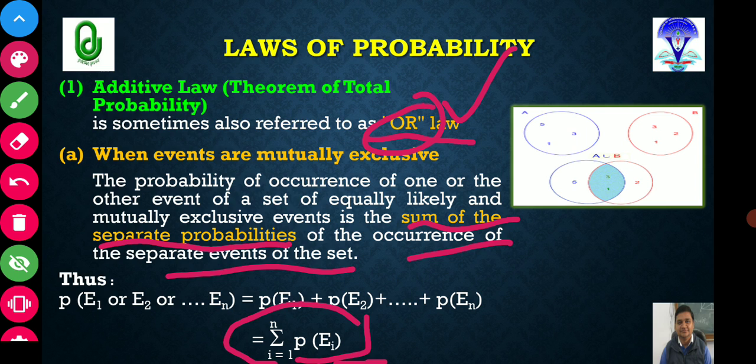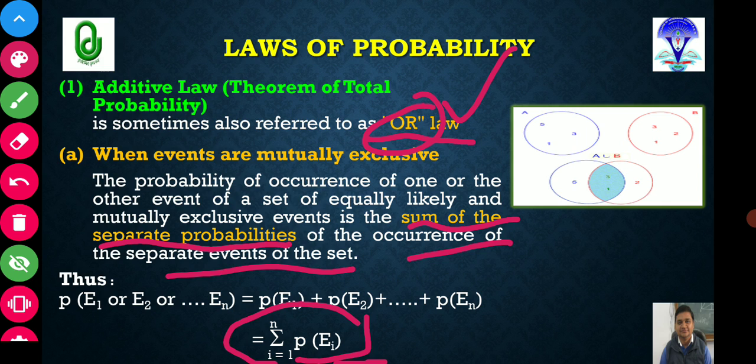So in the case of tossing a coin, head is one event and tail is another event. So what will be the occurrence of either head or tail? The probability of occurrence of head is 1 by 2 and the probability of occurrence of tail is also 1 by 2. It is quite simple, because if you are tossing a coin, there is a 50% chance of occurrence of head and a 50% chance of the occurrence of tail.